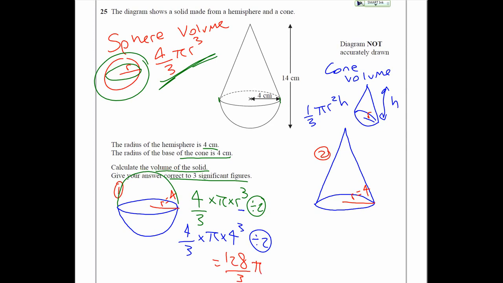For question 2, we just need the formula 1/3 times pi times r, which is 4 squared, times the height. Okay, now we're not given the height directly yet. All we know is the whole way is 14.